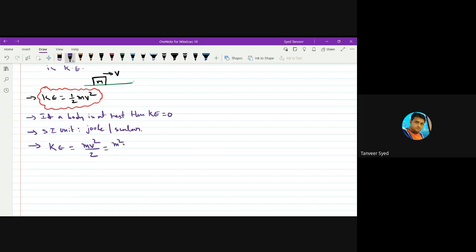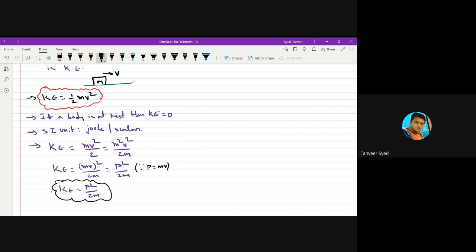So it becomes m square v square by 2m, which equals P square by 2m. mv is momentum, so kinetic energy is P square by 2m. P is momentum.